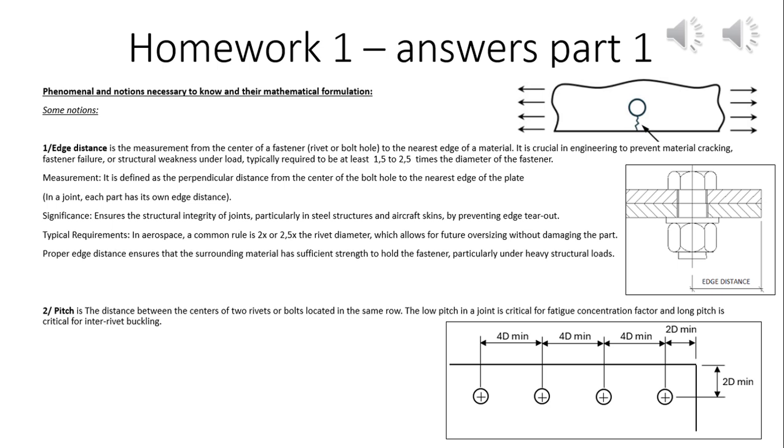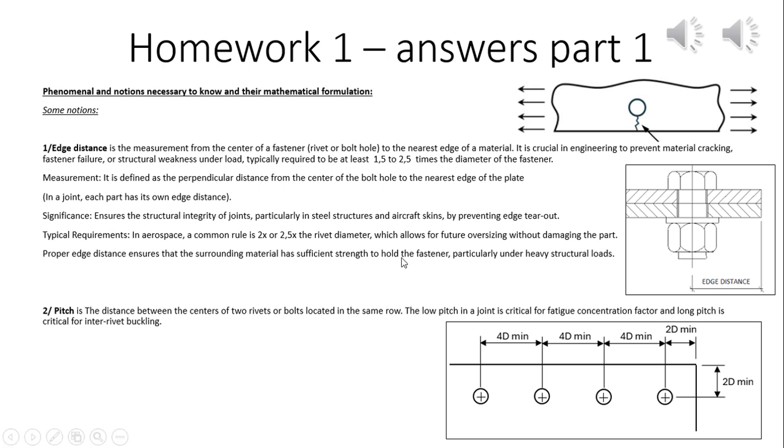The next one is pitch, and pitch is the distance between the centers of two rivets or bolts located in the same row. The low pitch in a joint is critical for fatigue concentration factor, and long pitch is critical for the static inter-rivet buckling.